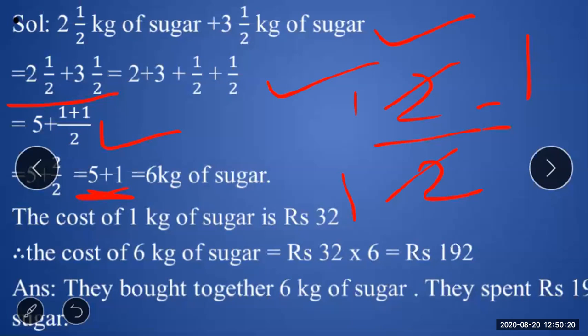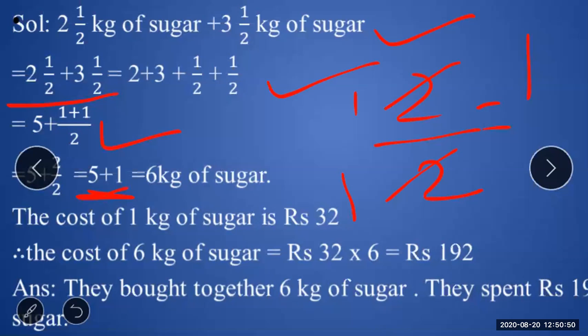Therefore the cost of 6 kg: how many kg of sugar did the two of them have? They have 6 kg of sugar. So we have to multiply 32 by 6. We get the answer 192 rupees. So they bought together 6 kg of sugar. They spent how much? They spent rupees 192.